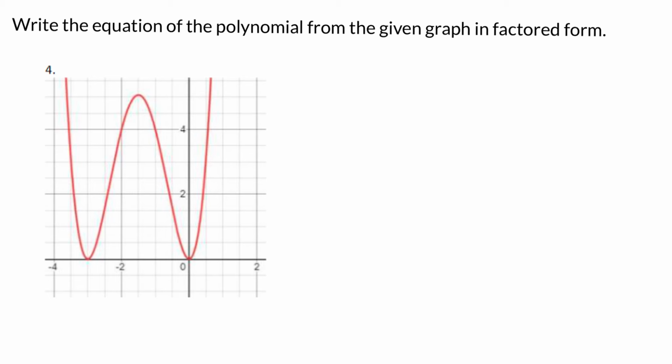So as we take a look at this, where do we see it touching the x-axis? We see it touching at -3, and we see it touching at 0. Which means we have factors only at x plus 3 and x minus 0.